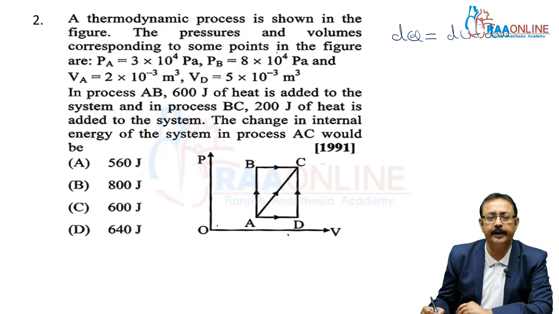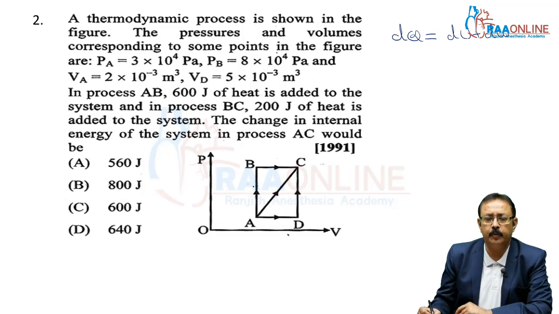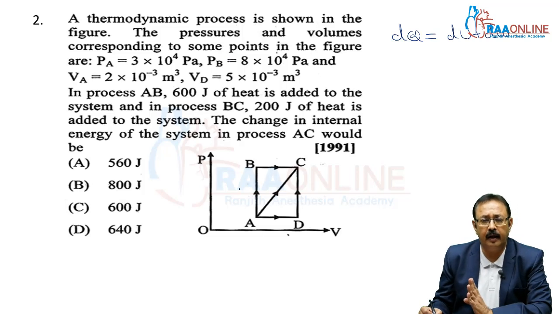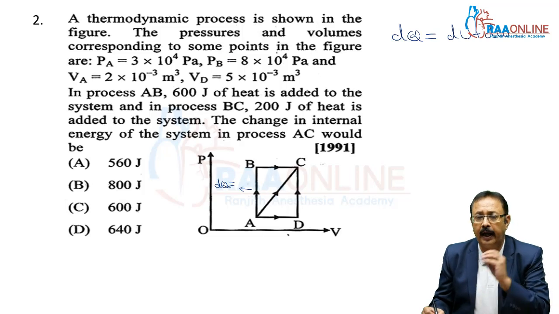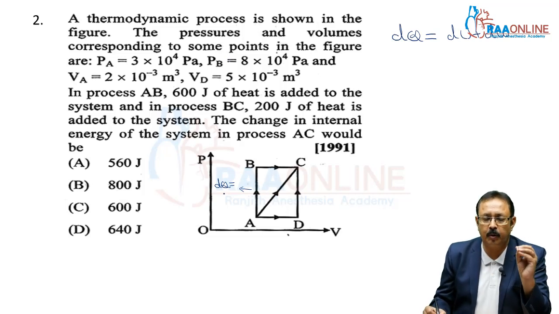In process AB, the system absorbs 600 joule of heat. So in this process dq should be positive, because we added heat to the system and it absorbed the heat.